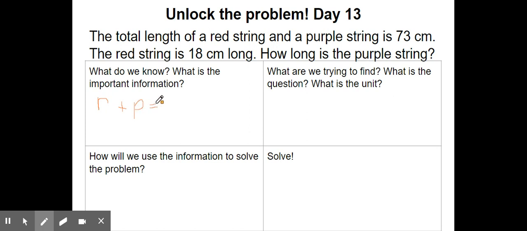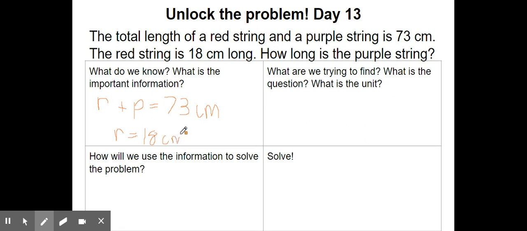And I'm not just going to write 73. I want to make sure that I include the unit. So 73 centimeters. And then I also know that the red string, R for red, is 18 centimeters. So that's another piece of important information I want to make sure that I mark down.